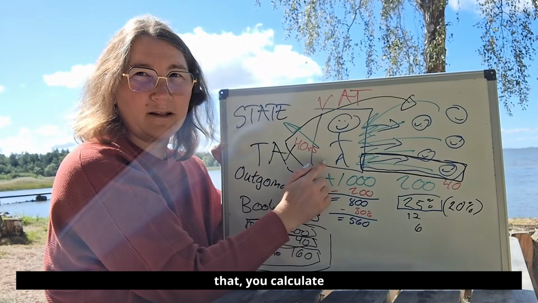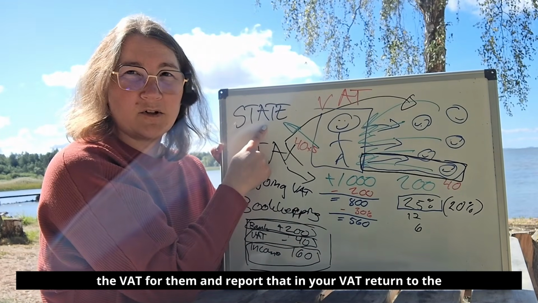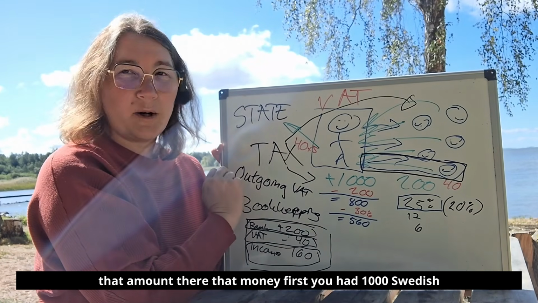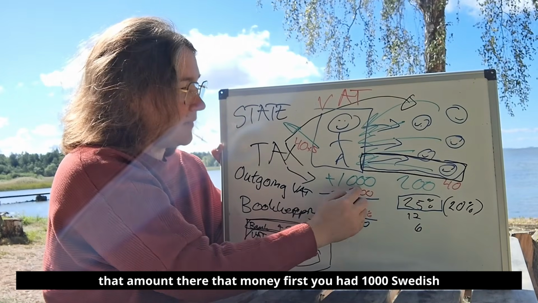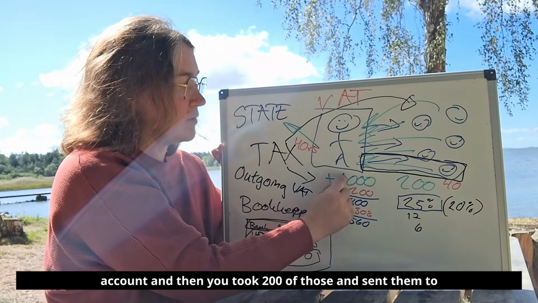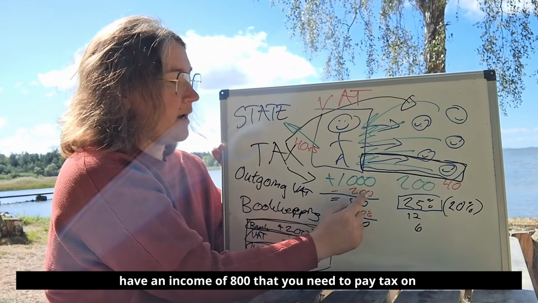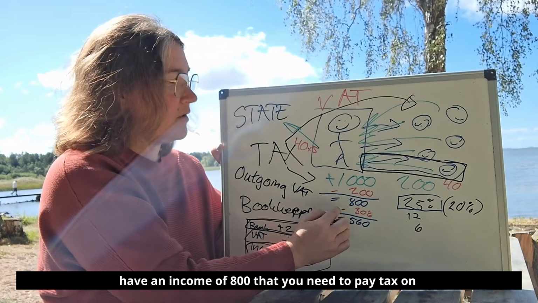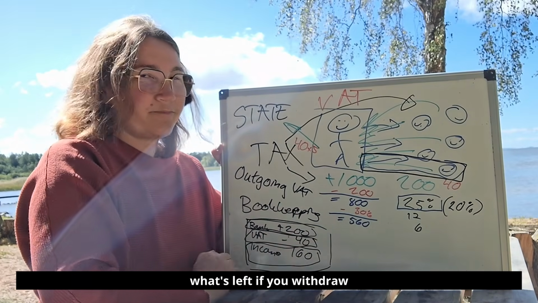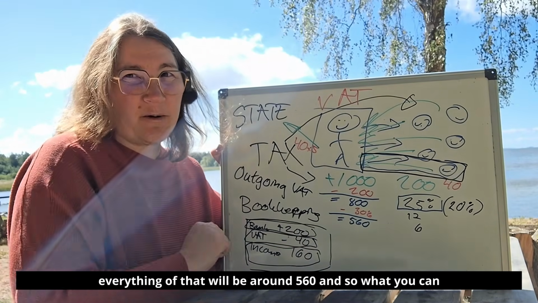So you calculate the VAT for them and report that in your VAT return to the tax agency, and pay that amount there. So that money, first you had 1,000 Swedish kronor on your bank account, and then you took 200 of those and sent them to the state. And now you have an income of 800 that you need to pay tax on. So what's left, if you withdraw everything of that, will be around 560.